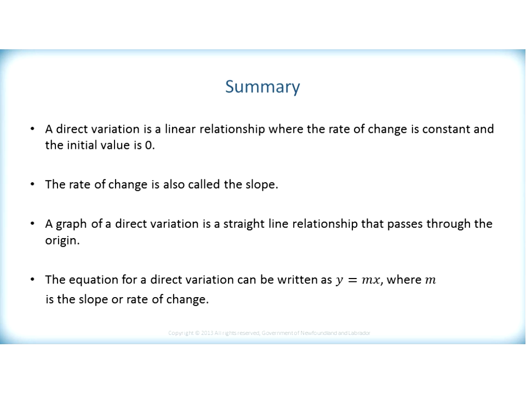A graph of a direct variation is a straight line relationship that passes through the origin. And the equation for a direct variation relation can be written as y equals mx. In this case, m is the slope or the rate of change. So y is dependent on x. As x changes by a multiple of m, we're getting our y values.